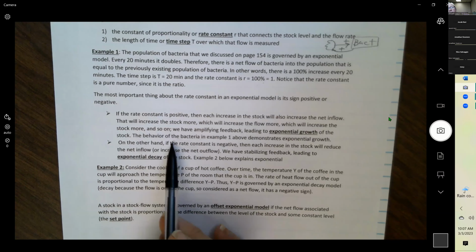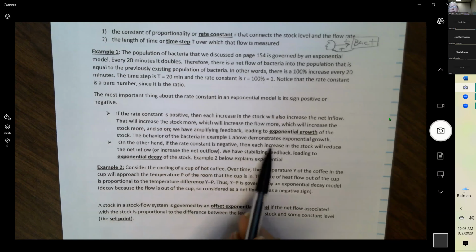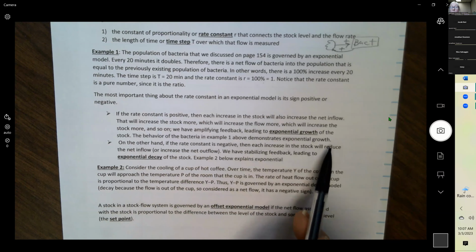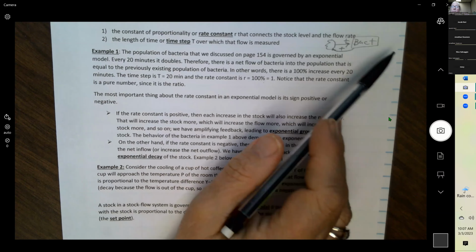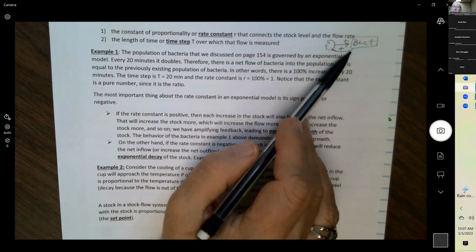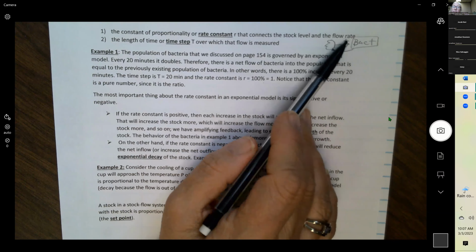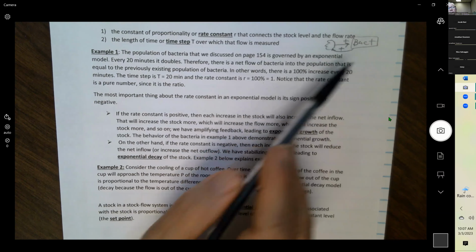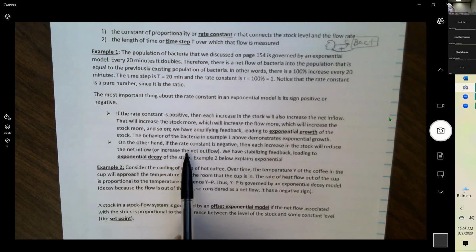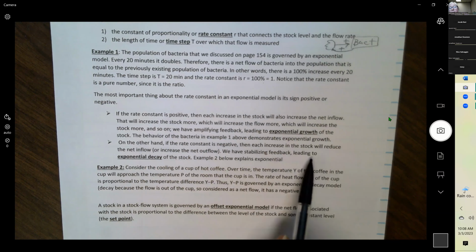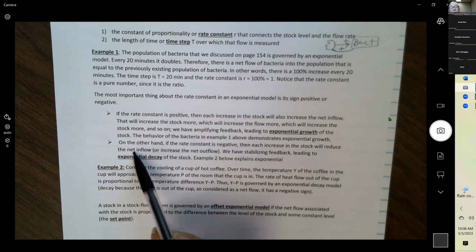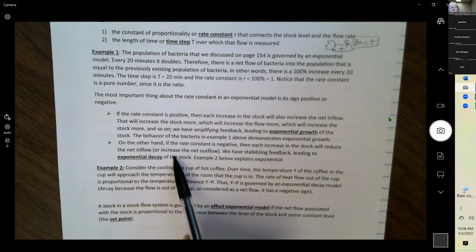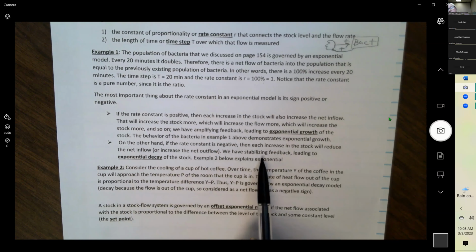So the behavior of the bacteria in example 1 demonstrates exponential growth, because the more we have, it keeps doubling, it's increasing. On the other hand, if the rate constant is negative, then the increase in the stock will reduce the net flow each time. We have stabilizing feedback.